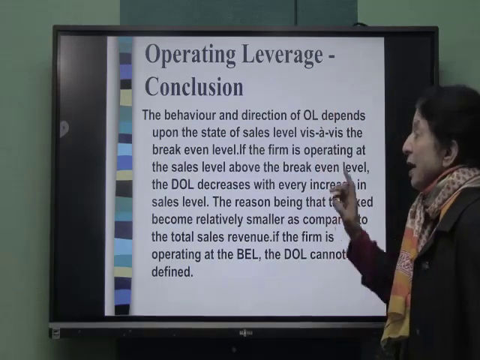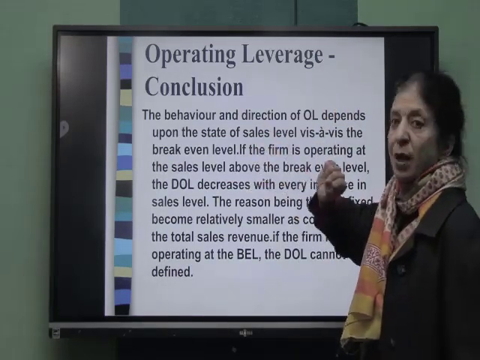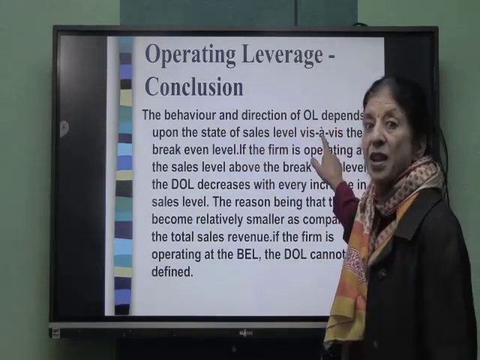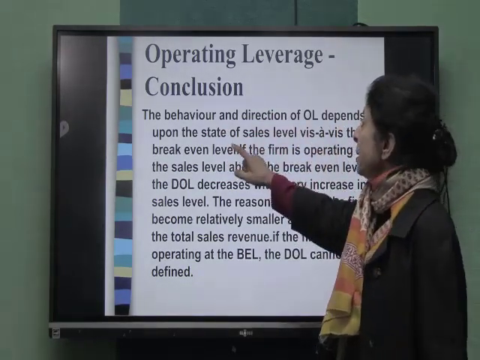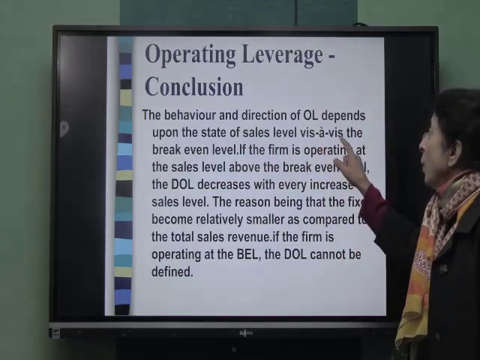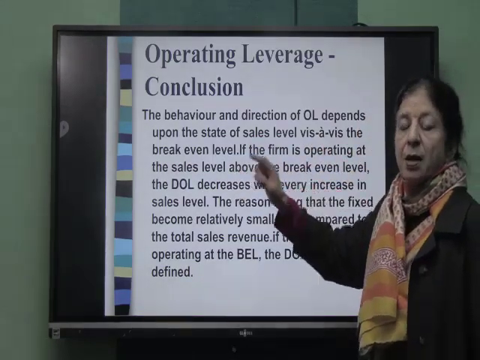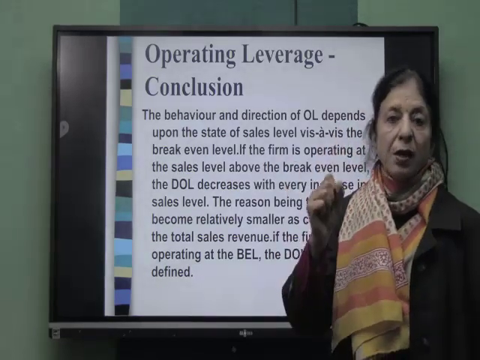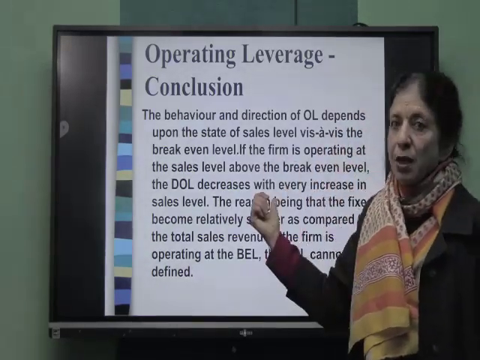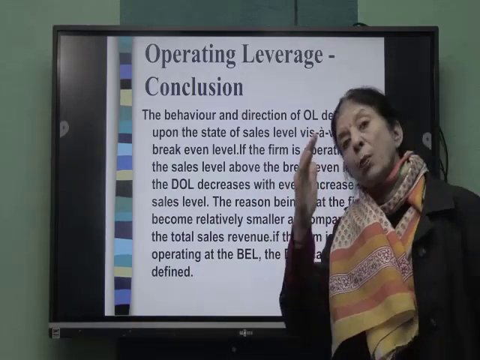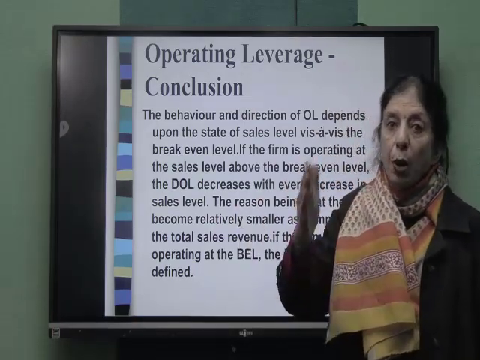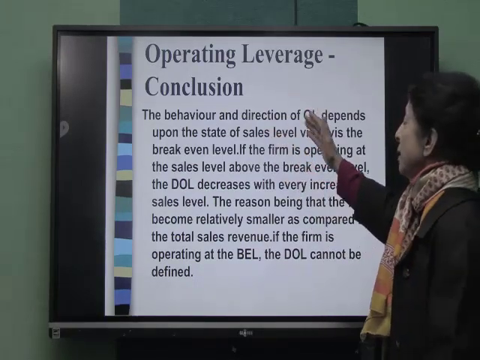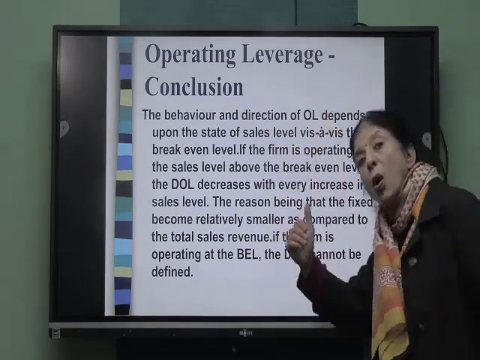Therefore, the conclusion is that the behavior and direction of operating leverage depends upon the state of sales level vis-a-vis the break-even level. Suppose the break-even level is 2,000 units, in some other example, not this one, and I'm operating at 2,500, that is beyond 2,000, my operating leverage will go on decreasing.